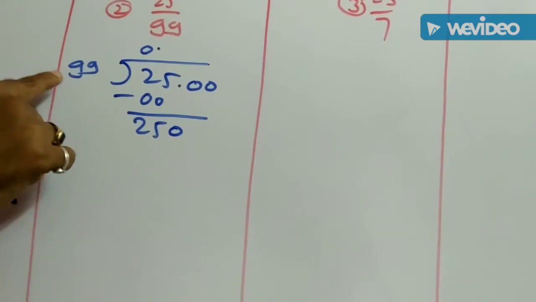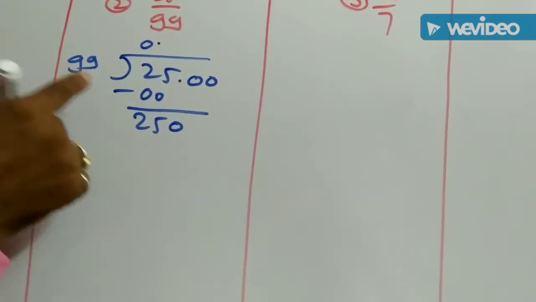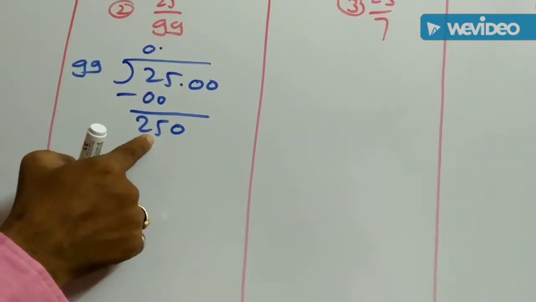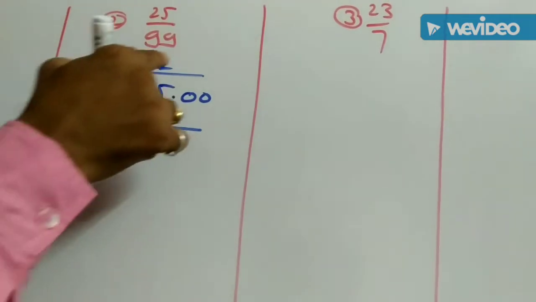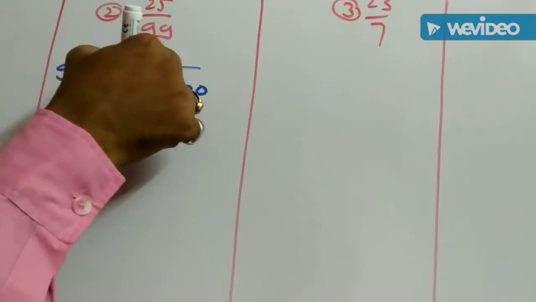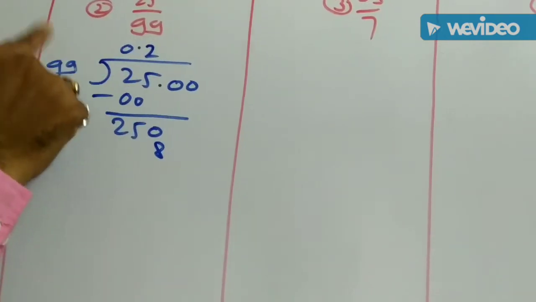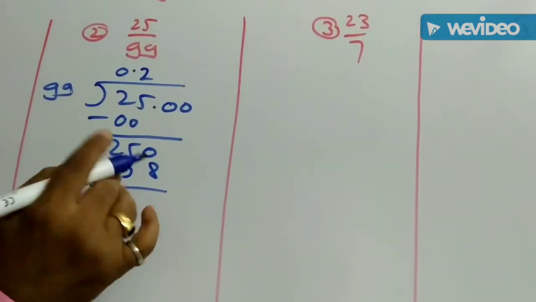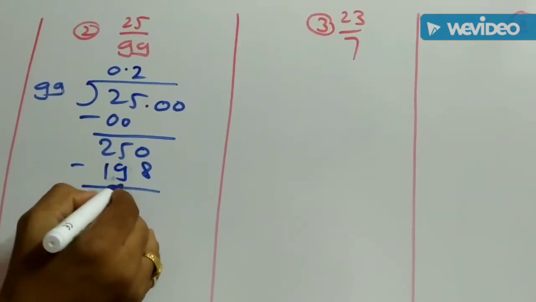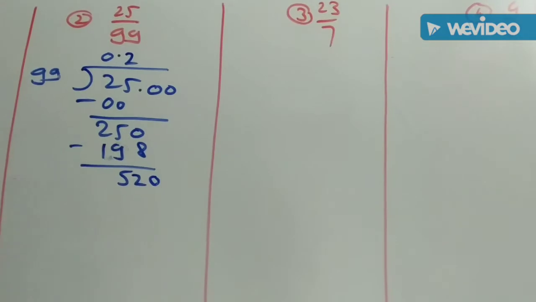Now the table of 9 up to 25. 9 twos are 18, 9 threes are 27, but it is more than 25. Therefore it is divided by 2. The product of 99 into 2: 2 nines are 18, remaining 1. 2 nines are 18 plus 1, 19. Now subtraction is 250 minus 198, that is 52. Now taking 0.